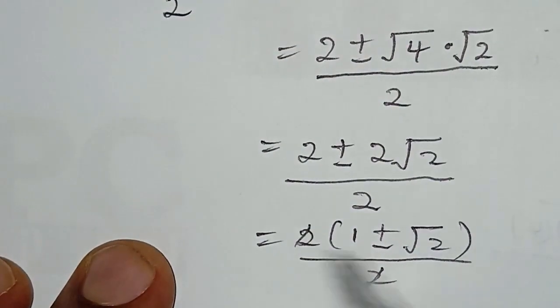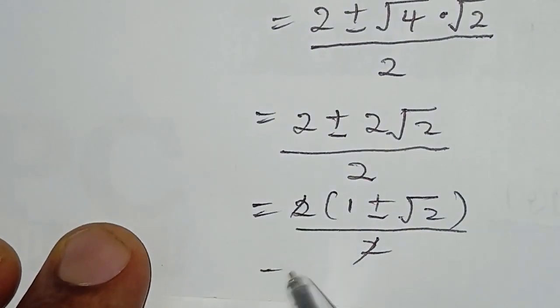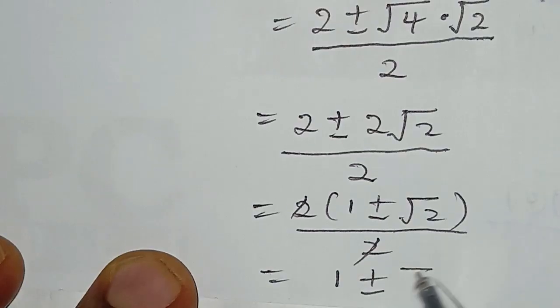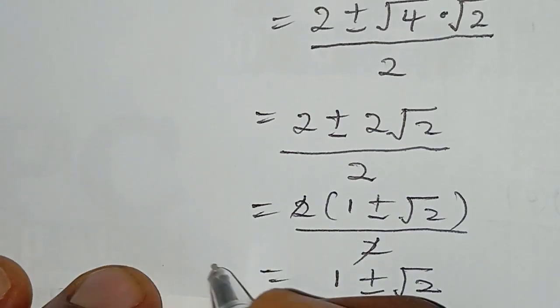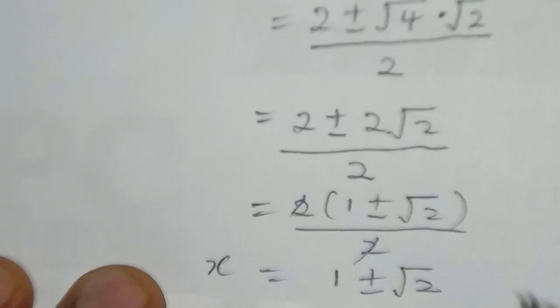These 2 can cancel with these 2, and that gives us the answer to be 1 plus or minus the square root of 2 as our value of x using the quadratic equation.